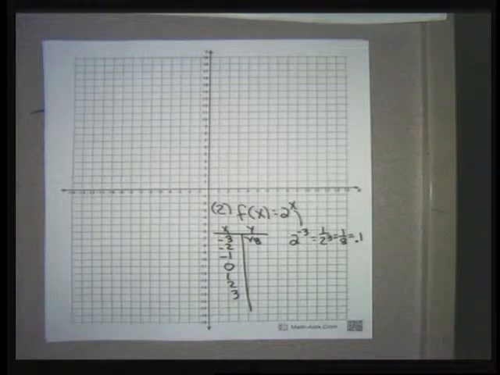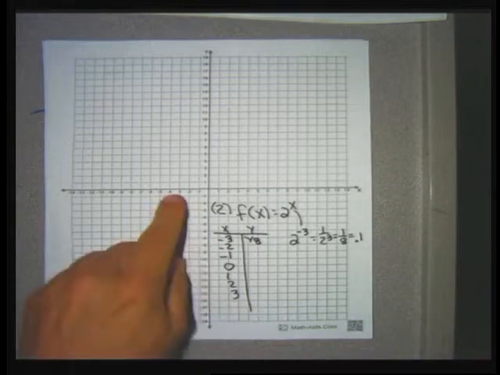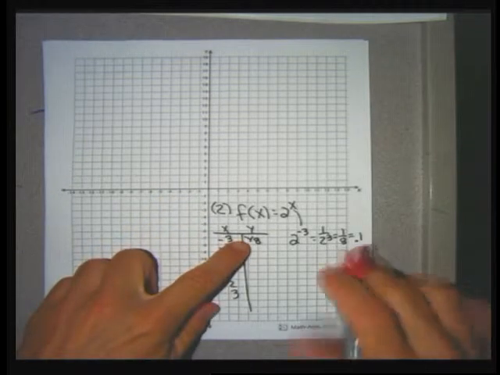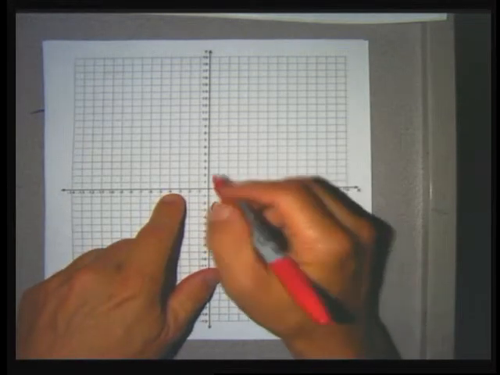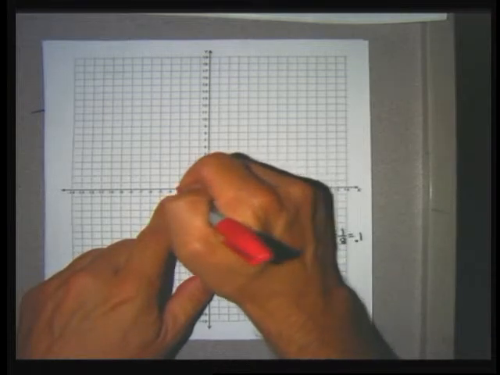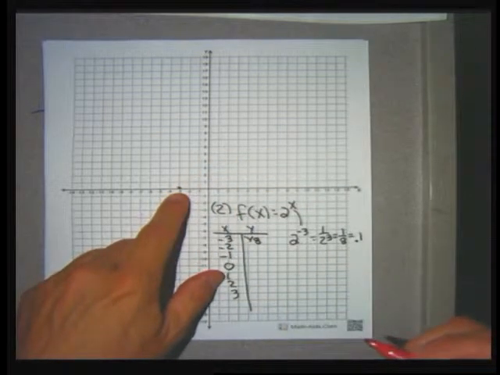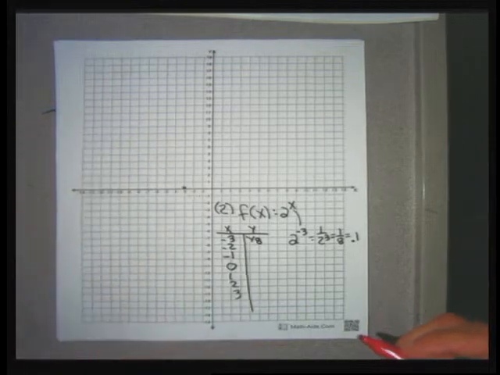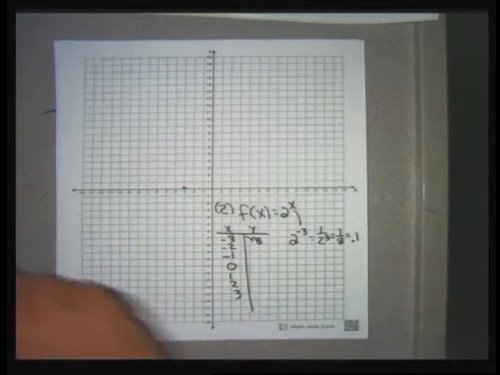In terms of showing up on my graph, I find -3 on the x-axis, and then 1/8 or 0.1 is just above the -3 here. It's going to be almost on the axis, 1/8 of the way between 0 and 1. It's positive, so it's up.